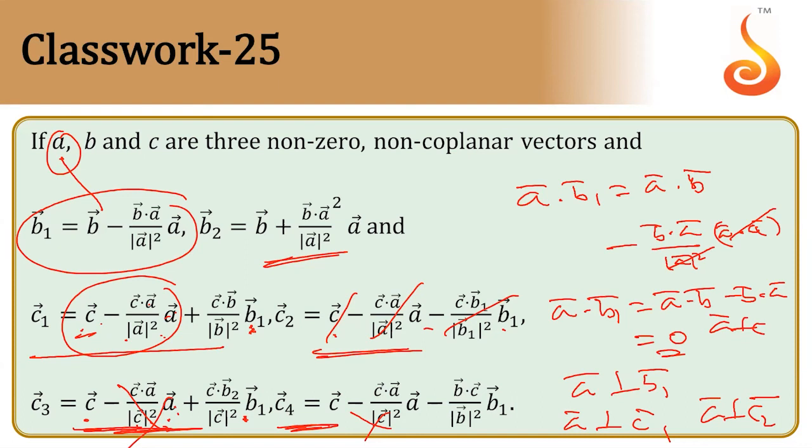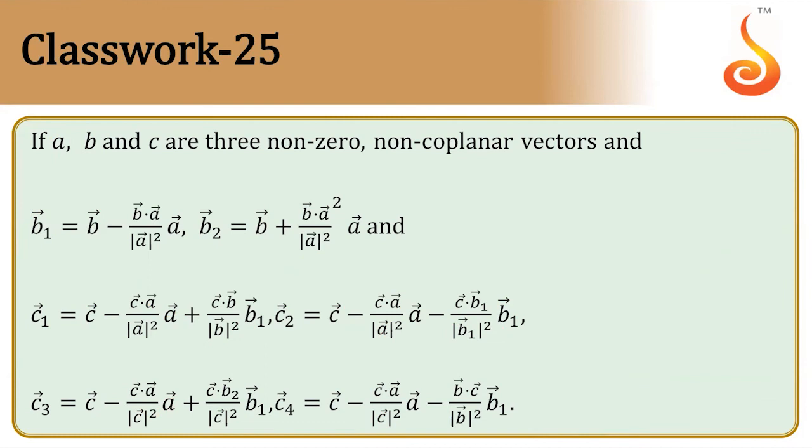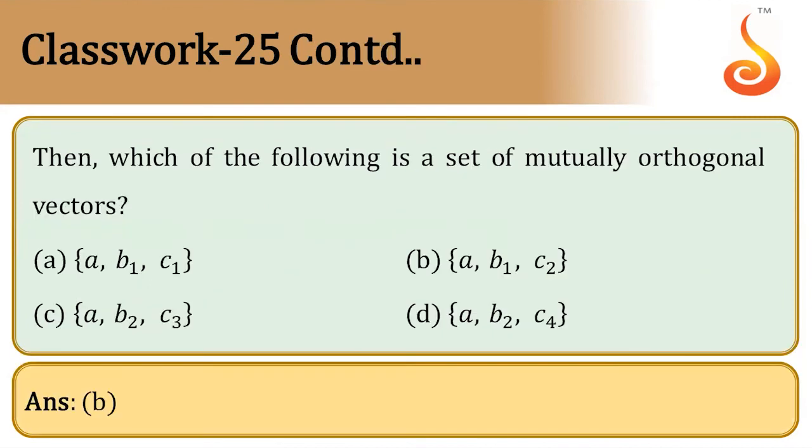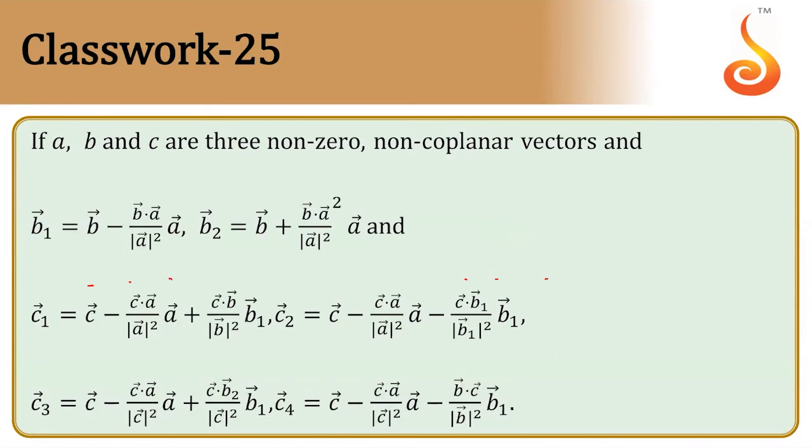So look at the options. A, B1, C2 is there. A, B1, C1 is there. C1 works: A dot C, modulus A cancels, A dot B1 is 0. Then this C1 is correct. C2 also.